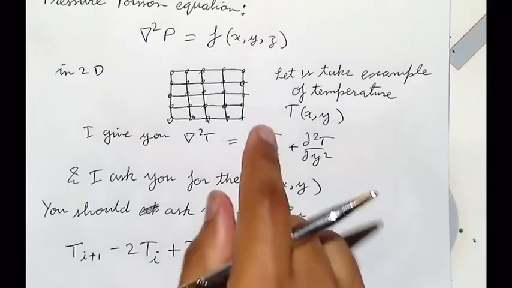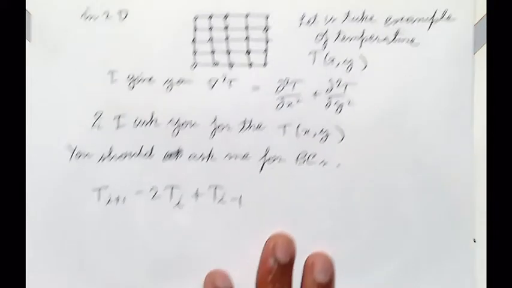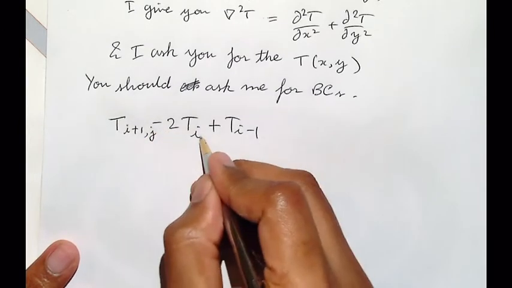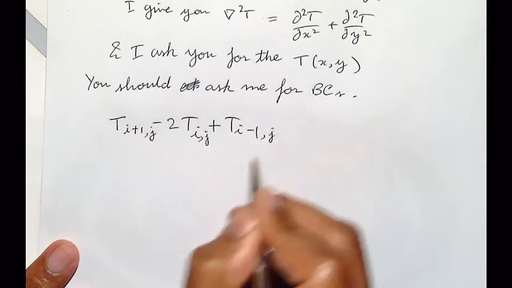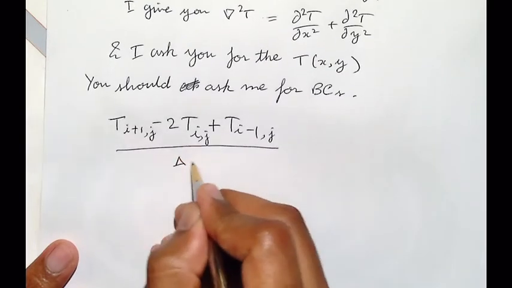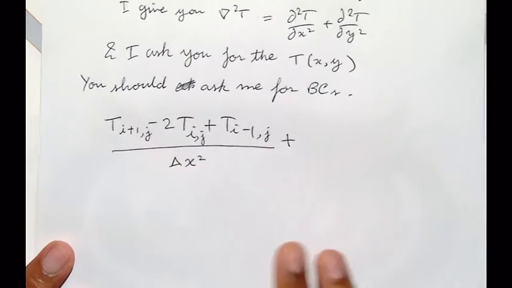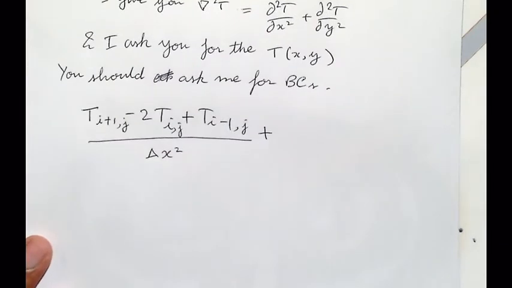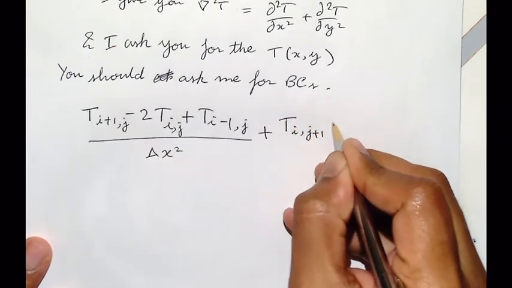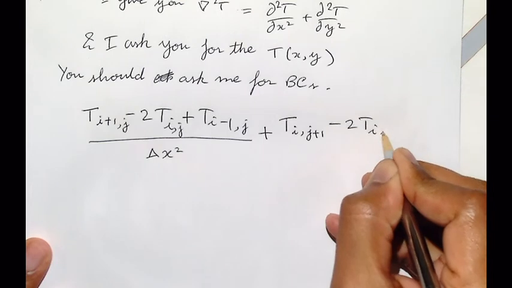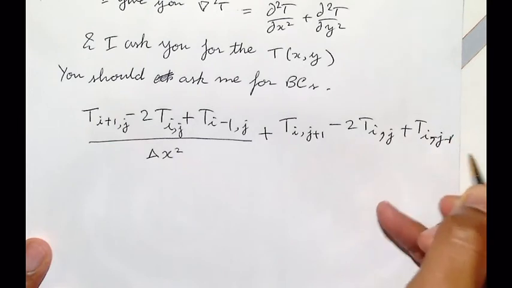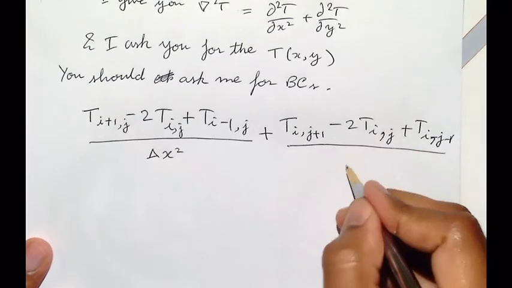This is a 2D problem, so it has j too. j, j, over delta x squared, plus the same thing with j plus 1 minus 2 T plus j minus 1, over delta y squared. Is that correct? Did I make a mistake? No. All right, very good.